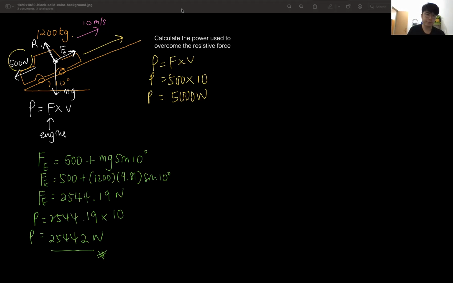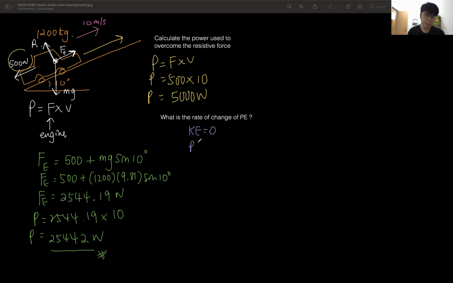Now, what is the rate of change of potential energy? In this example, what happened to the kinetic energy? The kinetic energy does not change. Same constant velocity. The moment it moves up the slope, it maintains constant, so the change in KE would be 0. There is only a potential energy change.